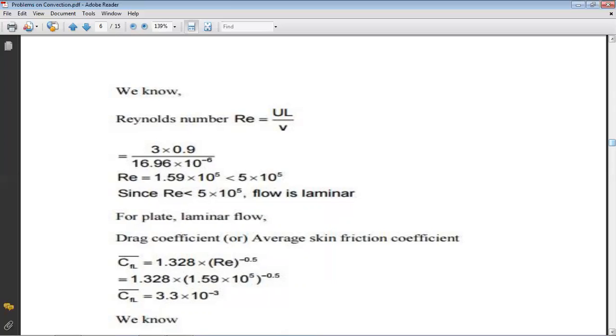Please understand, this problem is also over a plate, hence the critical Reynolds number is considered to be 5 into 10 raised to 5. If it is a tube and internal flow, the critical Reynolds number is 2300. If it is an open channel, the critical Reynolds number is 500. We have discussed earlier, the Reynolds number varies for different passages. It need not be the same for all.